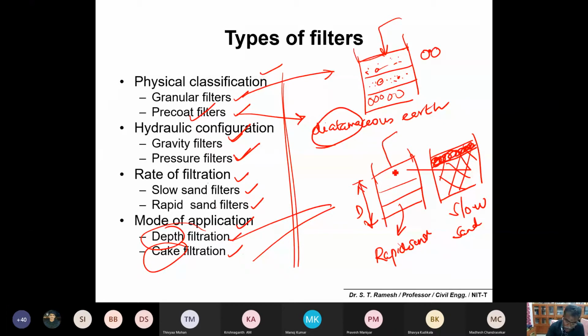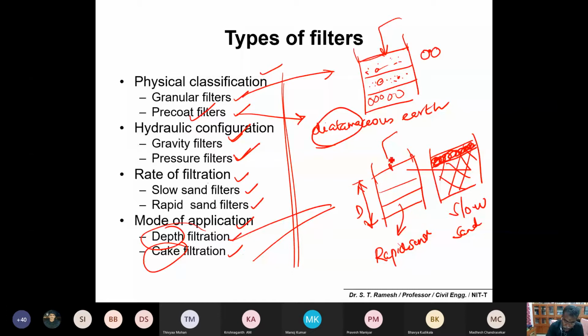During the course of time, what will happen? The pores get blocked by tiny flocs, so the efficiency of the filter will come down and you stop the filter. Then you go for backwashing.